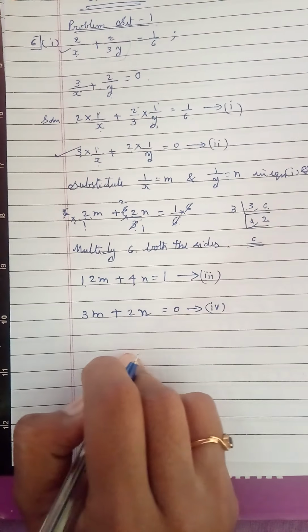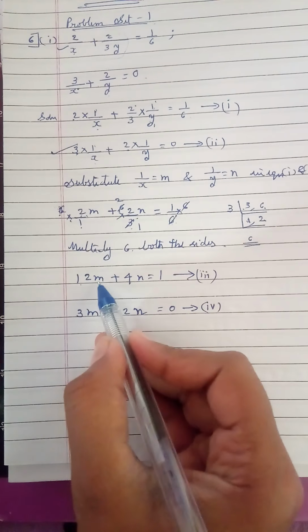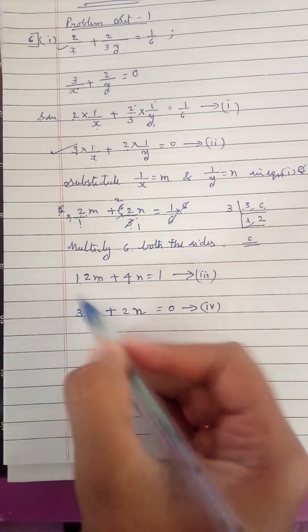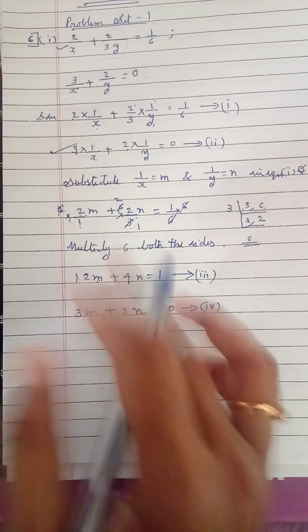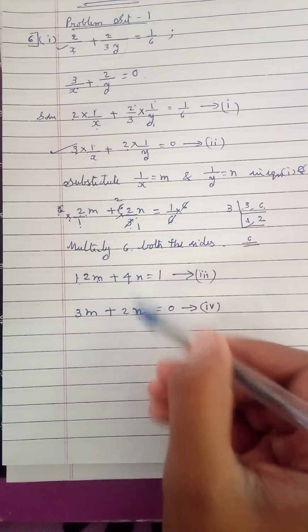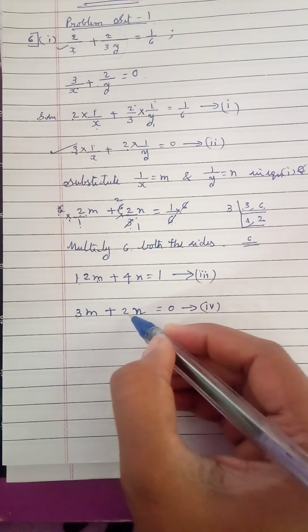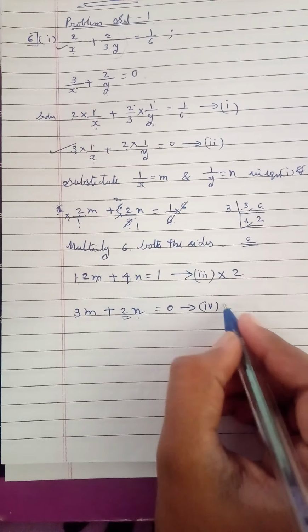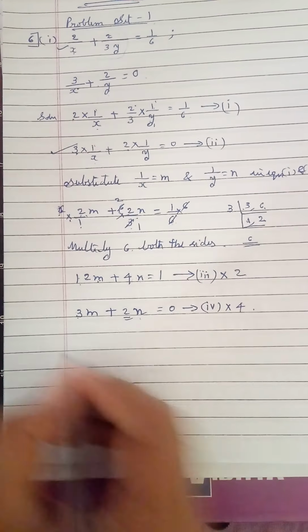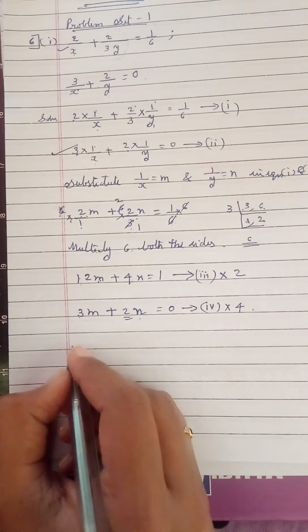Now solve this. How to solve this? Here we have coefficients of m different, 12 and 3. Here coefficient of n also different, so any one we will make equal. So I am going to make n values equal. So 2 I am multiplying to equation 3 and 4 I am multiplying to equation 4. So how to write?